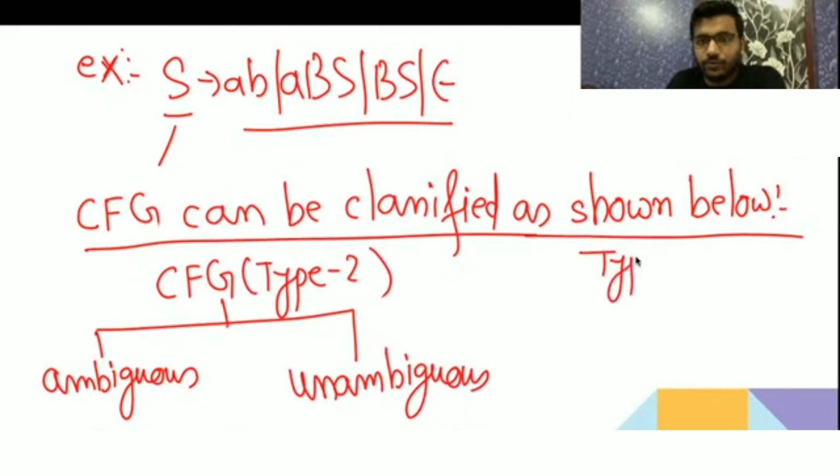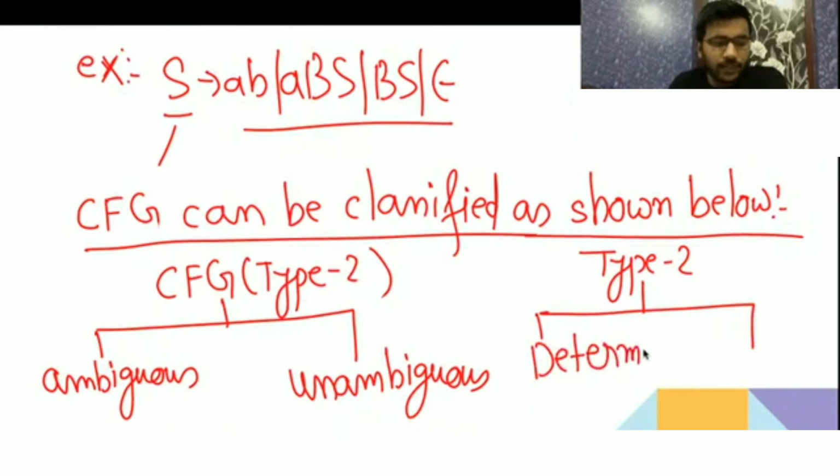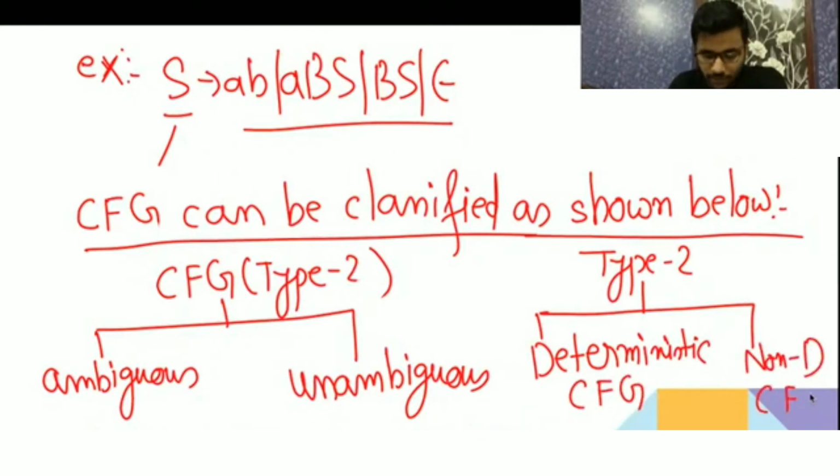Another classification is deterministic context free grammar and non-deterministic context free grammar. So given a context free grammar, you can classify whether it is ambiguous or not, and whether it is deterministic context free or not.